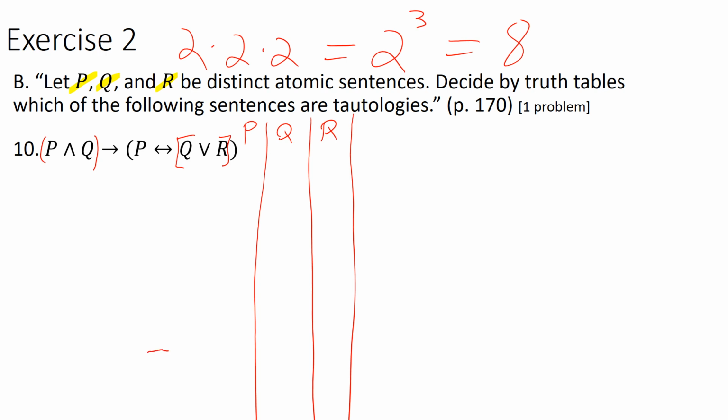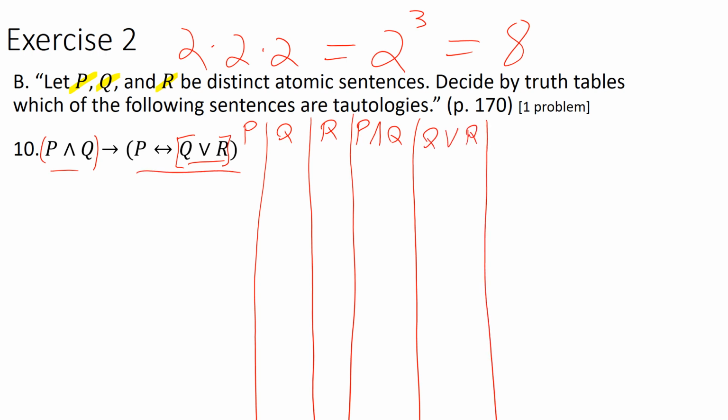So I'll start with this, P and Q. Then we'll try this Q or R. And then this biconditional, P if and only if Q or R. And then we can do our entire sentence.